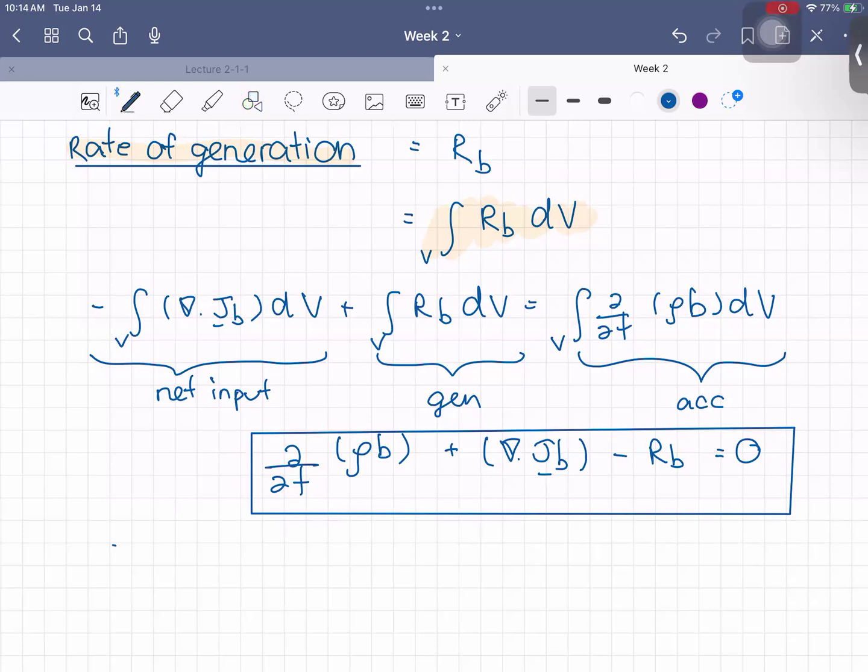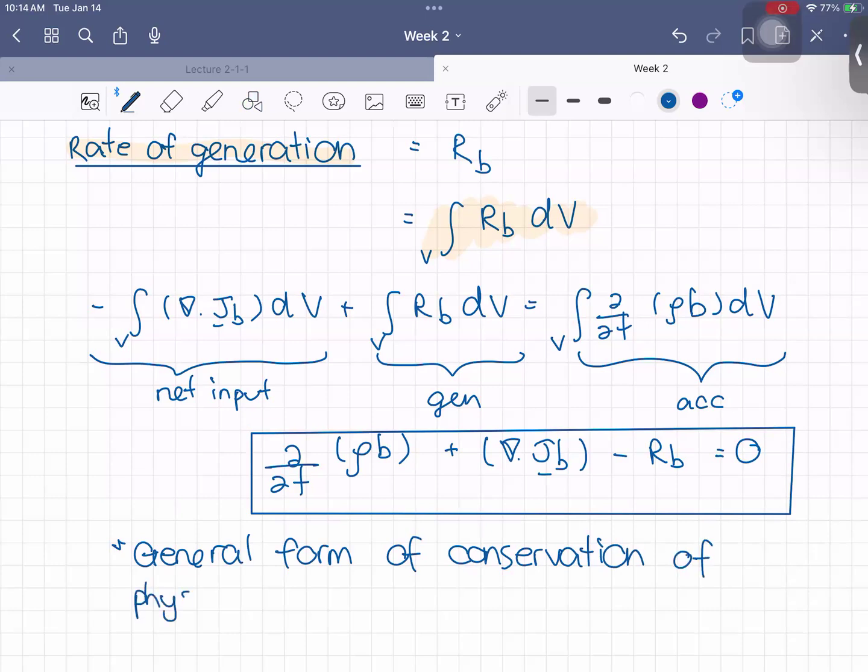So this is the general form of conservation of physical quantities.